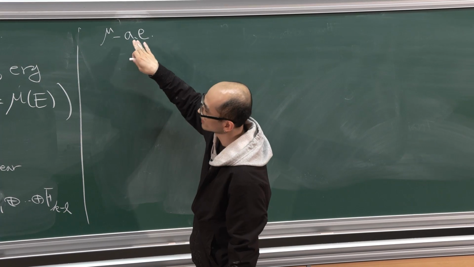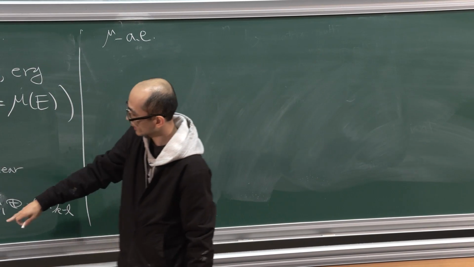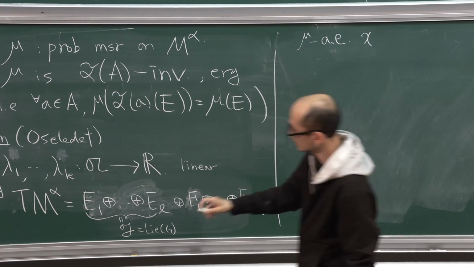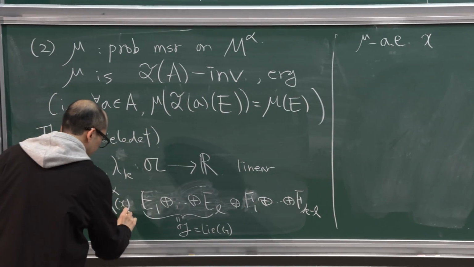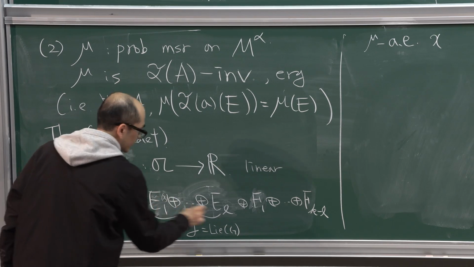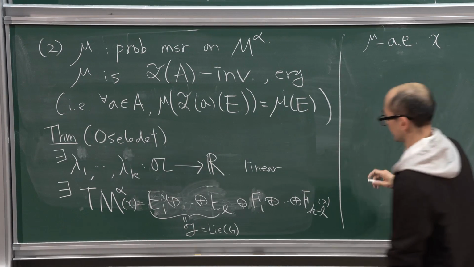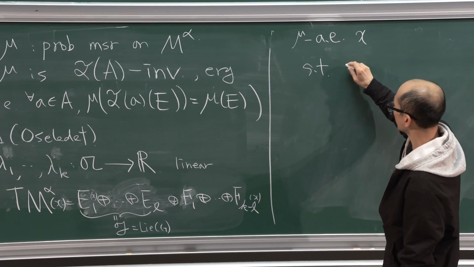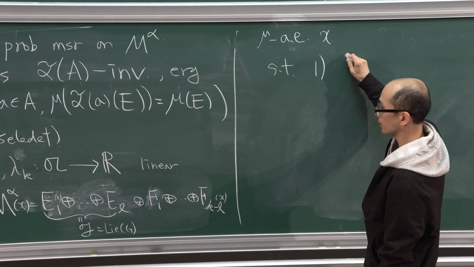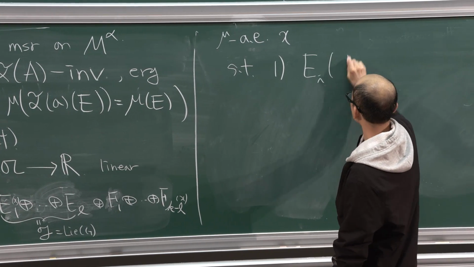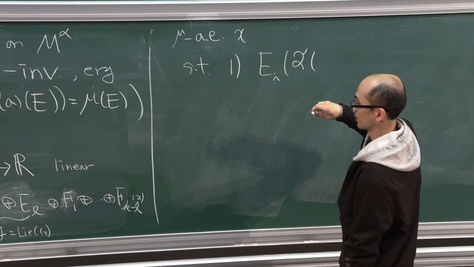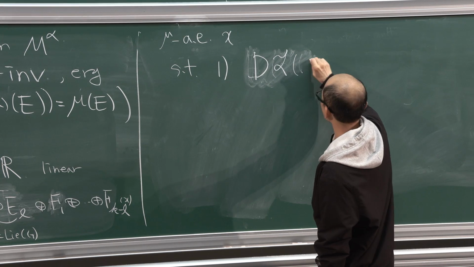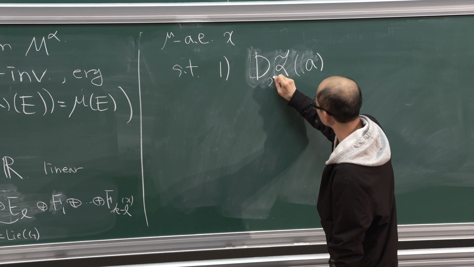That means that there is a full measure set on M alpha such that you have a decomposition like this, such that, so let's say for mu almost every x, first, E_i of alpha tilde of, let's say this way, d alpha tilde of A at x.